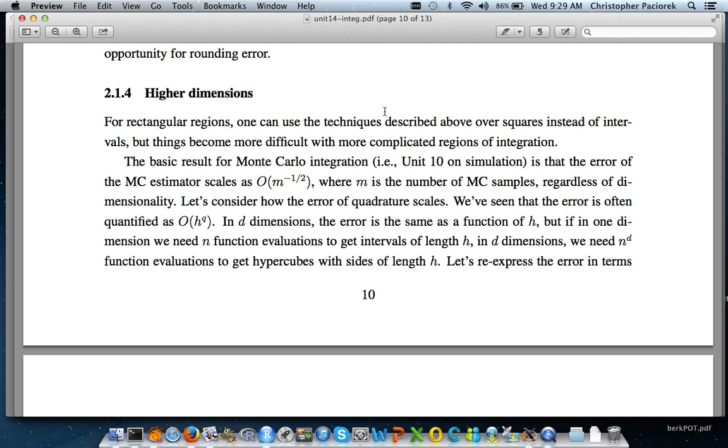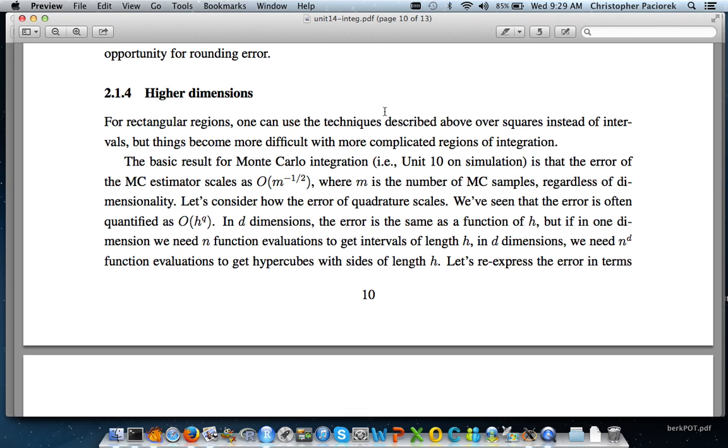Okay, that seems encouraging, that we can still express it in this way. But the problem is, if I now think about how many function evaluations I have to do, I'm now doing n to the d different evaluations. Suppose I was doing the trapezoidal rule, I would have had to do n evaluations if I were working in 1 dimension.